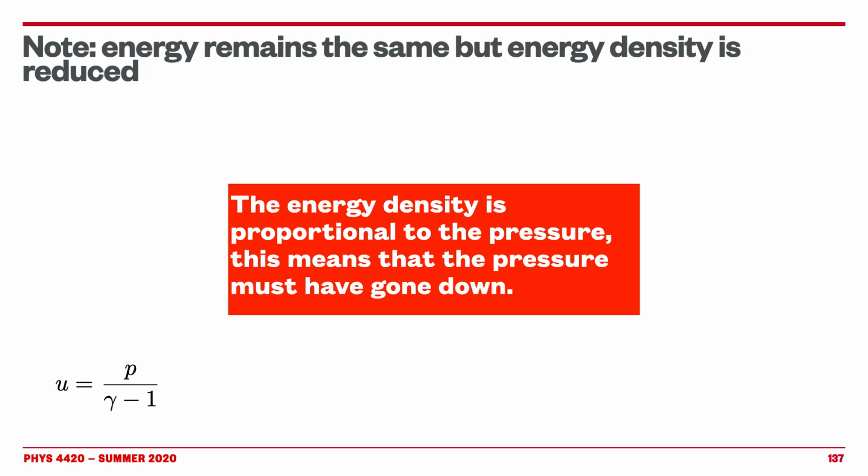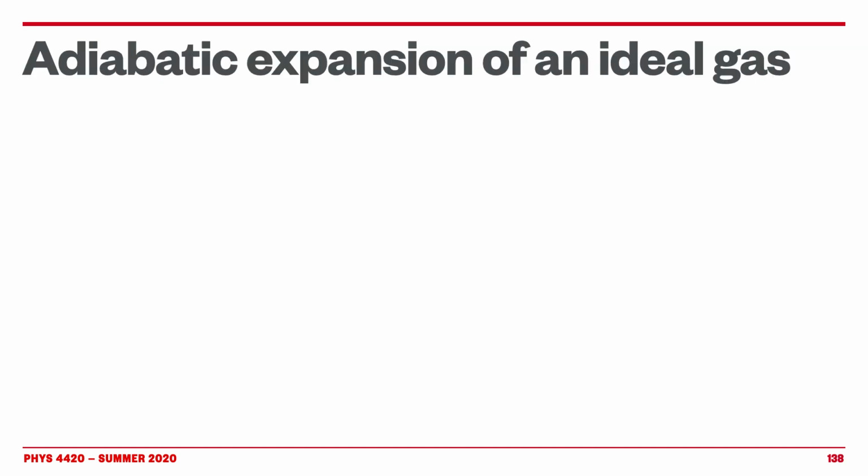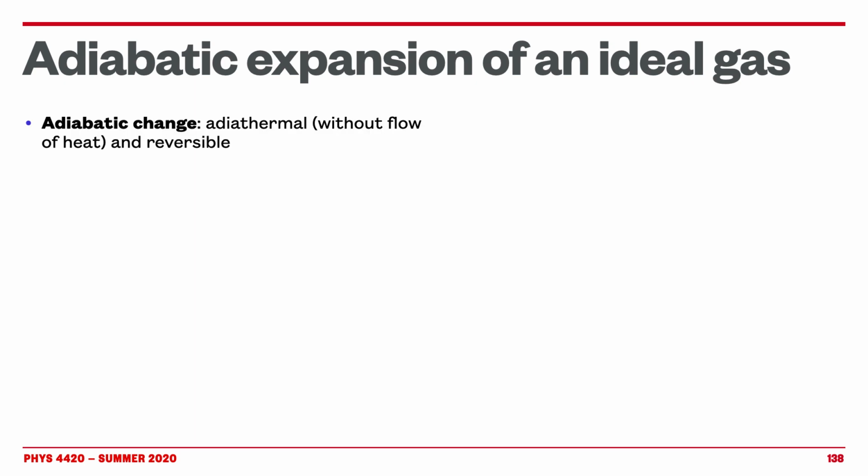We're going to see that for a second, but you can think a little bit about the problem. So this is called the adiabatic expansion of an ideal gas. In fact, an adiabatic change corresponds to a change where there is no transfer of heat whatsoever. So the system is isolated from its surroundings. So dQ equals 0. Okay?